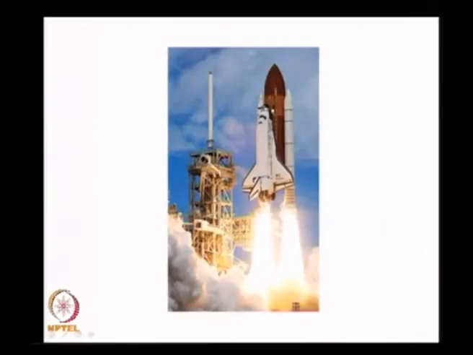You have 2 solid rocket boosters, and first these 3 liquid engines fire. They make sure that adequate thrust is developed, because you can always switch on and switch off a liquid propellant rocket, and once it has developed the particular thrust, the 2 solid rocket boosters are fired. Mind you, this is around 3.8 meters in diameter and around 40 meters in height.